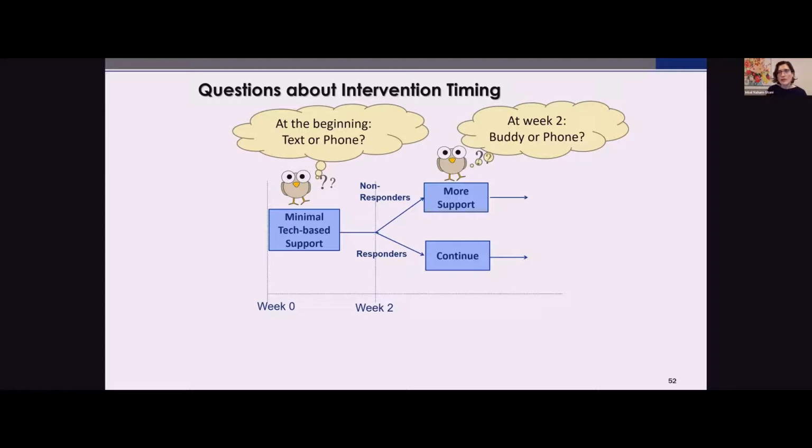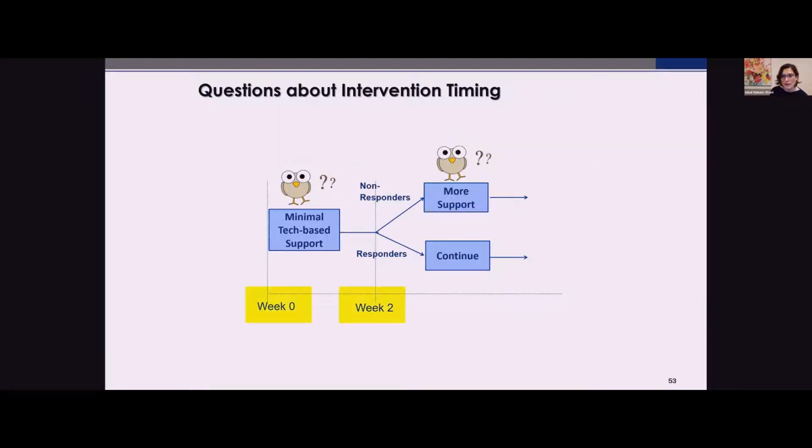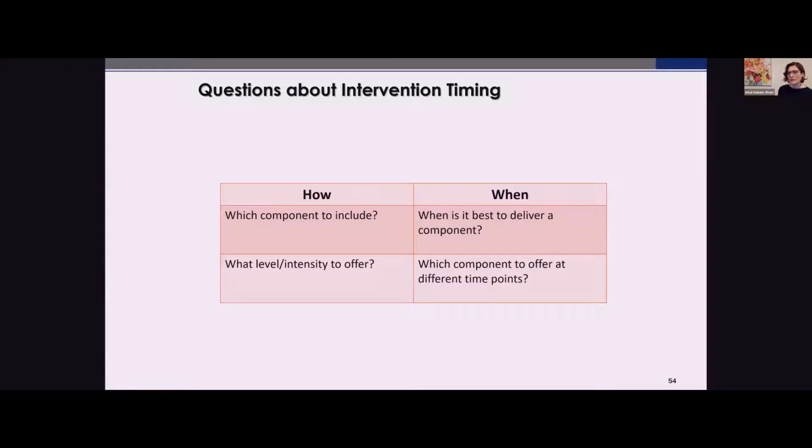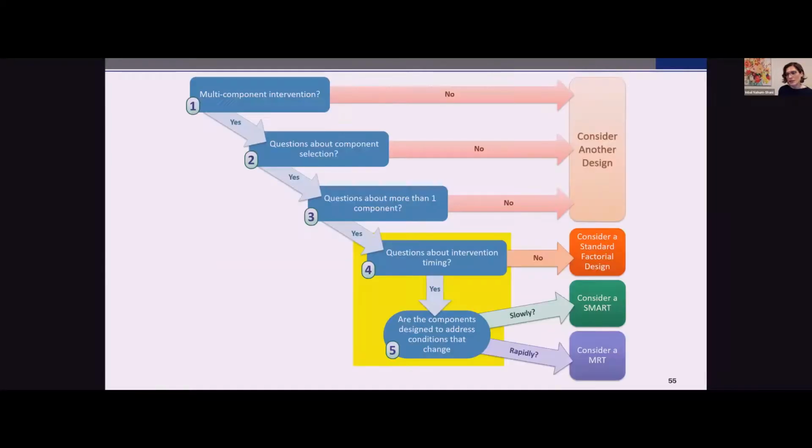What I want you to notice here is that we have scientific questions not only about how to intervene, not only about which component to deliver, but also about when to deliver these components, which component works best at different points in time. And this is why we have scientific questions about intervention timing, and we answer yes to question 4, and we move to question 5.